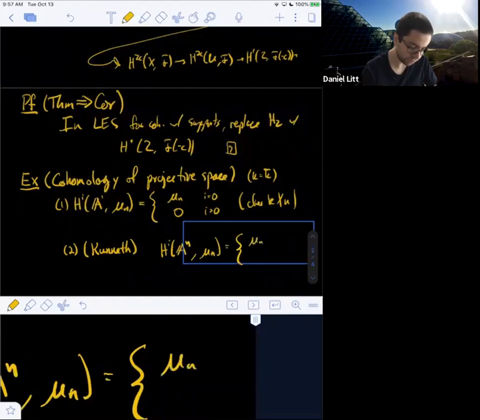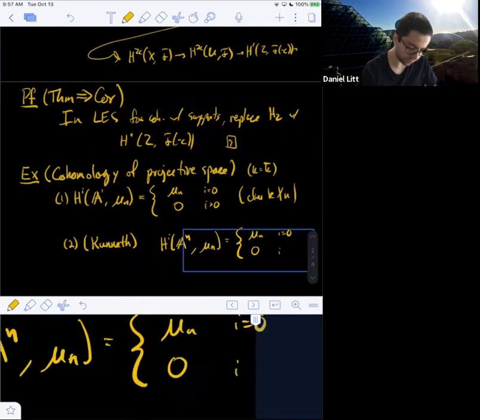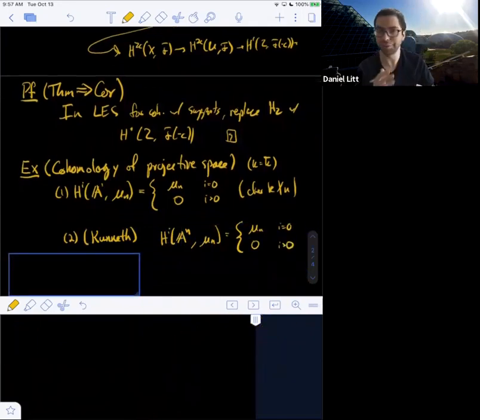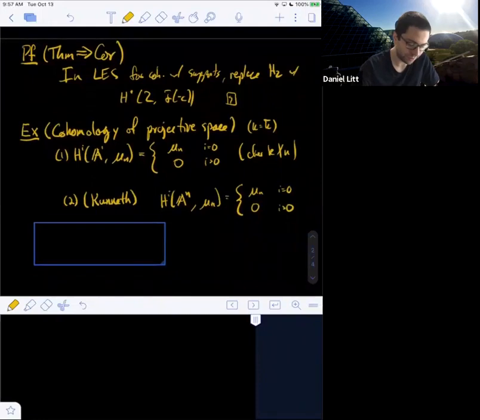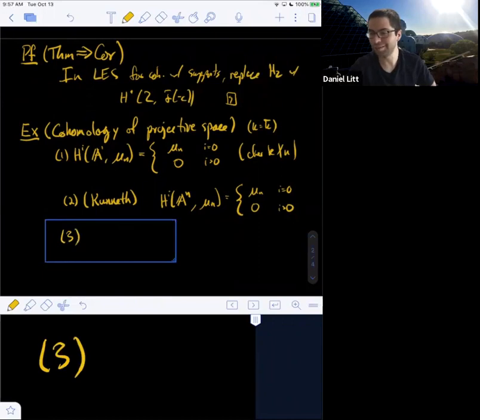So it's mu_n for i = 0 and 0 for i bigger than 0. And by the way, this should be familiar to you, like affine space over the complex numbers is contractible, right? Okay, now finally, let's compute the cohomology of projective space. So can anyone tell me how to do it?